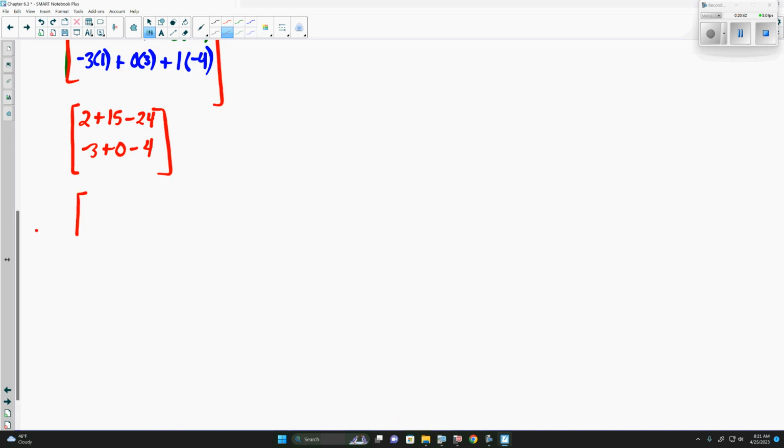Which lastly, 2 plus 15 is 17, minus 24 is negative 7. Negative 3 plus 0 is negative 3, minus 4 is negative 7. So our product is the matrix negative 7, negative 7, 2 by 1.